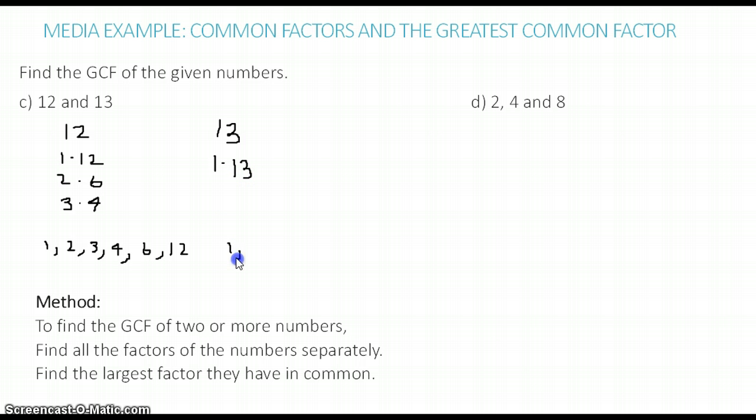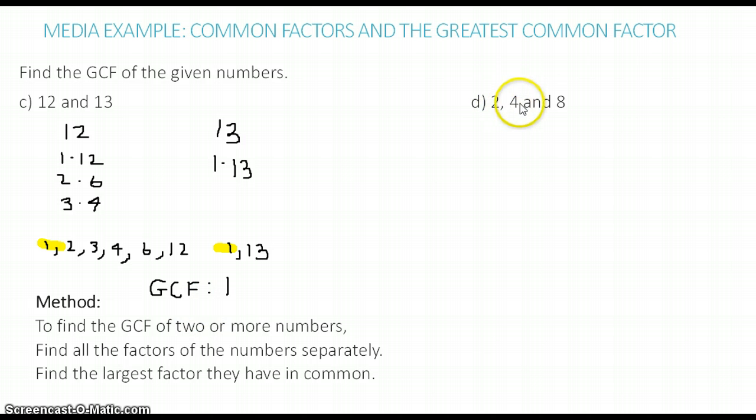So 1 and 13. So the only common factor in these lists is 1. So the greatest common factor is the only factor, which is 1.